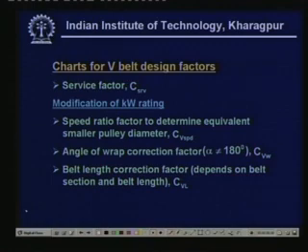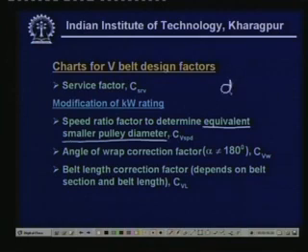First of all, the kilowatt rating modifications are dependent on a value called the equivalent smaller pulley diameter. Now, what is this? You have a speed ratio or velocity ratio, as we have told earlier. Depending upon that, you have to determine an equivalent smaller pulley diameter.